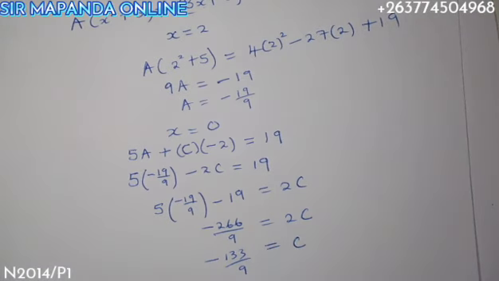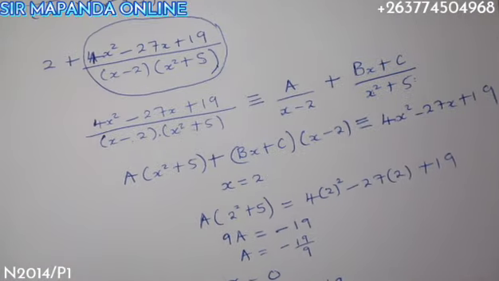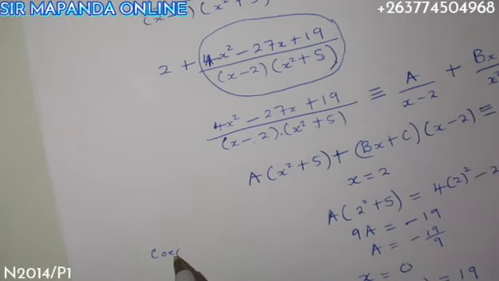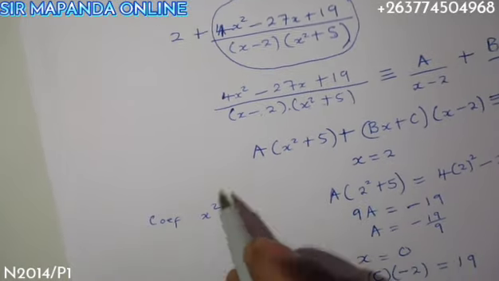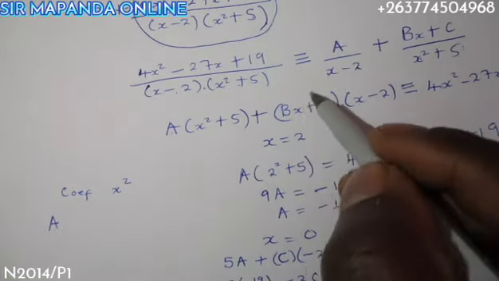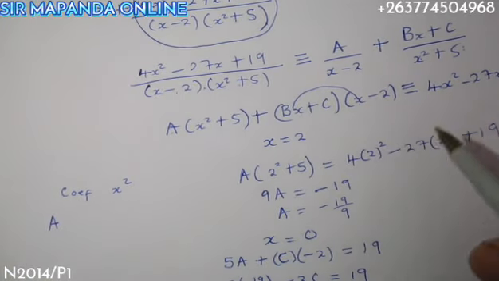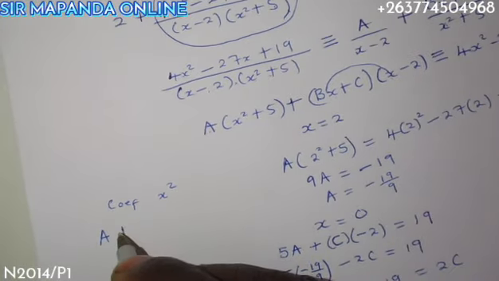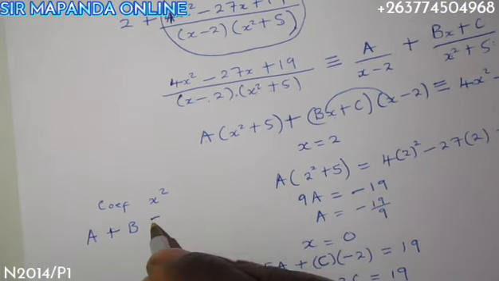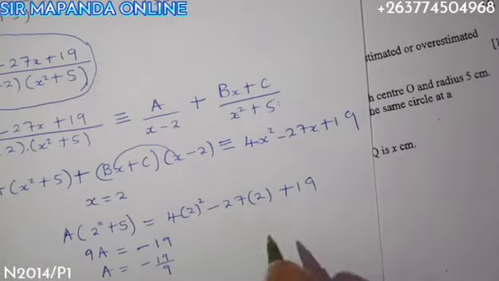Then to find b, you can equate the coefficients of x squared. A times x squared, you get ax squared. It simply implies a is a coefficient of x squared. Then if bx multiplies x, you get bx squared. So b is another coefficient of x squared. Then on my right side, we have 4x squared.